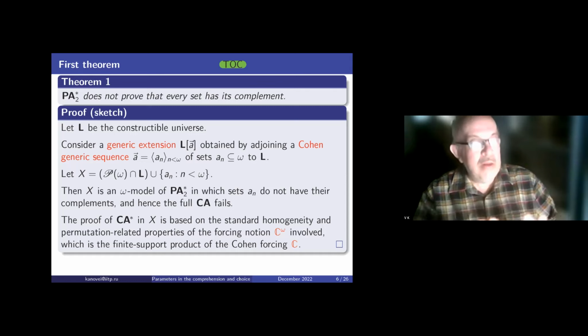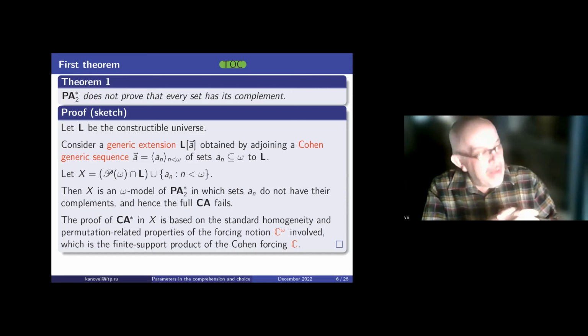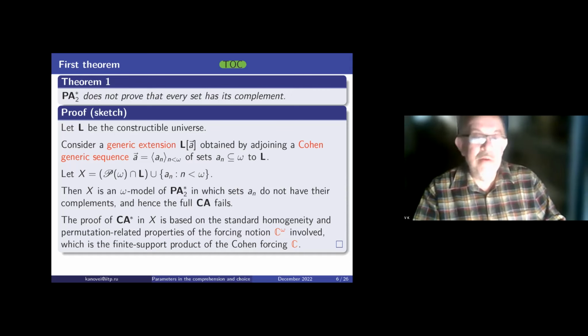We cannot nail any single one of them, and therefore we can't nail any other possible violation of parameter free comprehension. Just technically, it's based on rather standard Fortune permutation arguments of the coin Fortune.